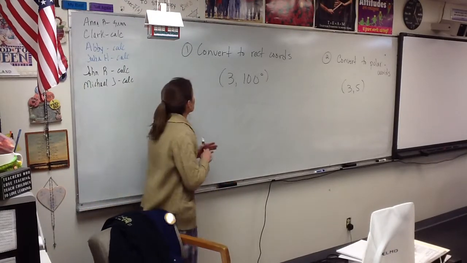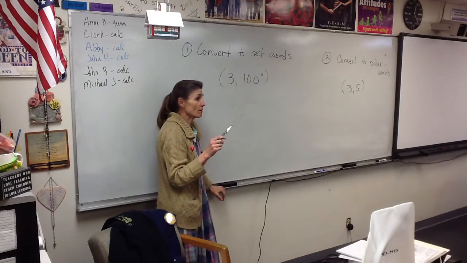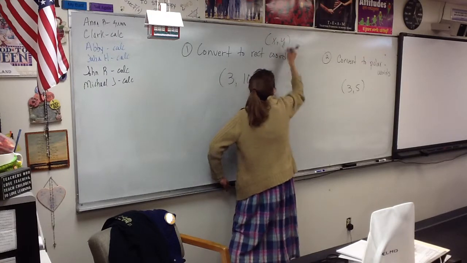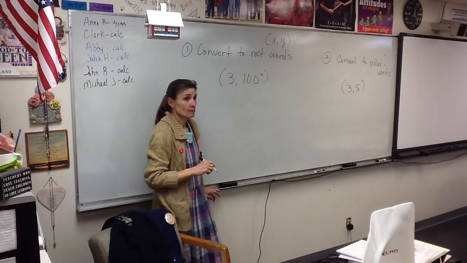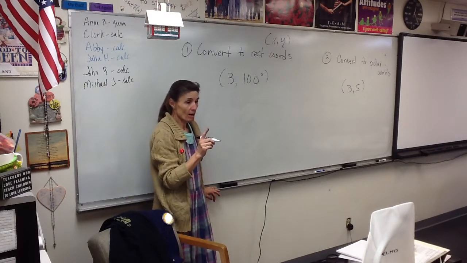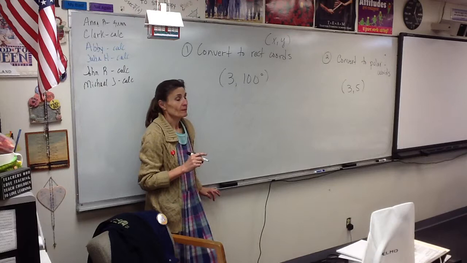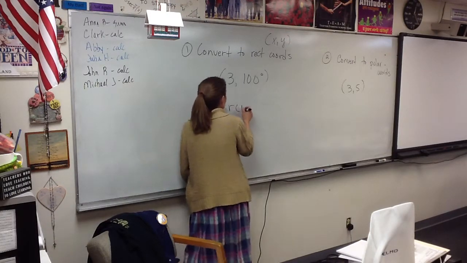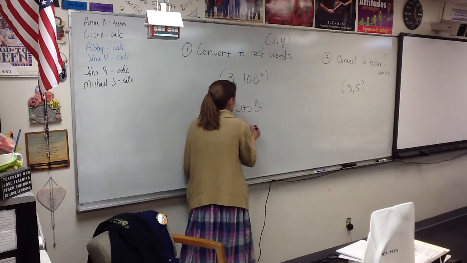Our job is to change this into rectangular coordinates. We remember that means X and Y. You memorized, well, you were supposed to memorize, that X equals R cosine theta and Y equals R sine theta.